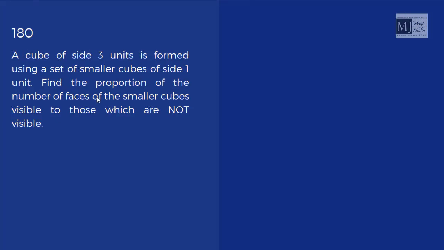A cube of side 3 units is formed using a set of smaller cubes of side 1 unit. So if I take 1 unit cube, it is something like this. This is 1 unit. And each cube has got 6 faces. Then how many cubes would be required to form a 3 units big cube?